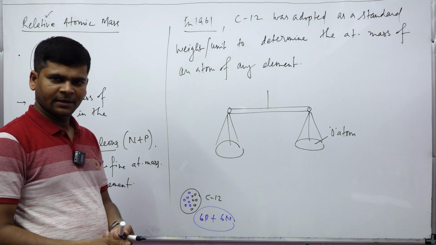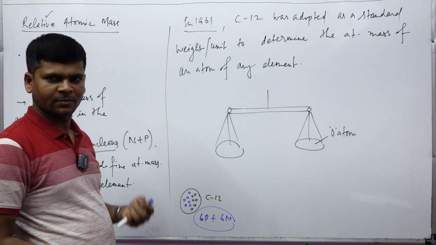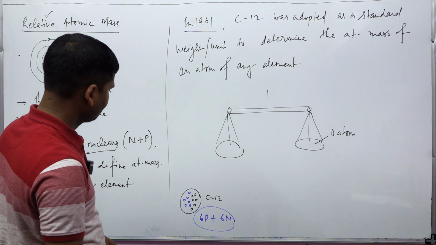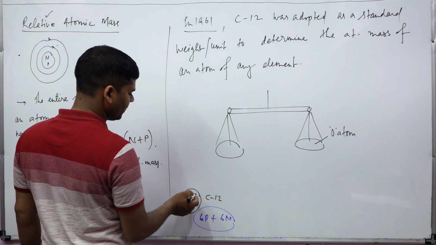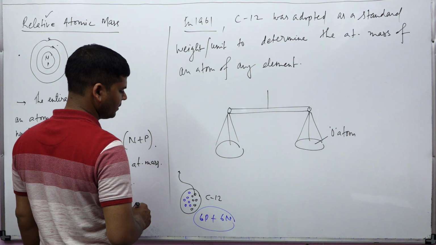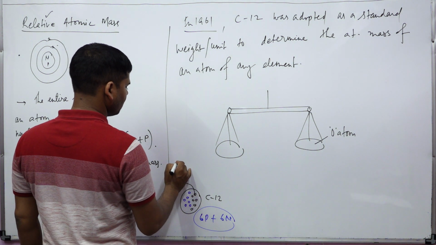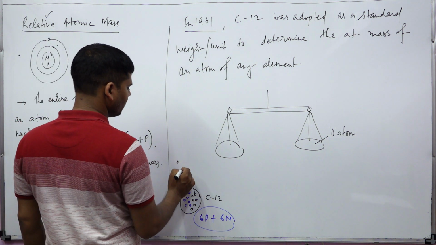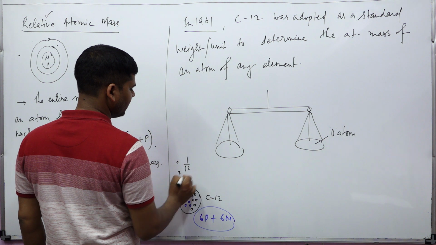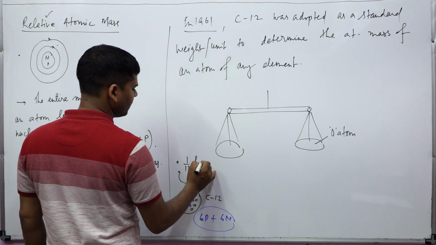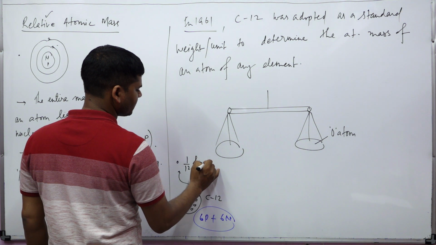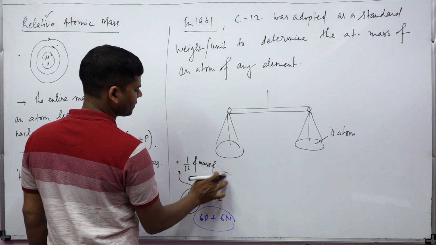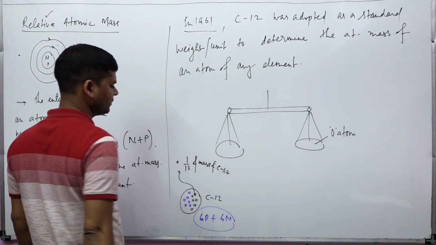And you must be having an idea that the mass of a proton is equal to the mass of a neutron, almost equal. Therefore, we will take out one nucleon. And one nucleon we can represent as 1/12 of the mass of C12.